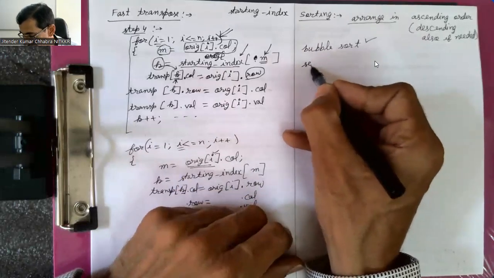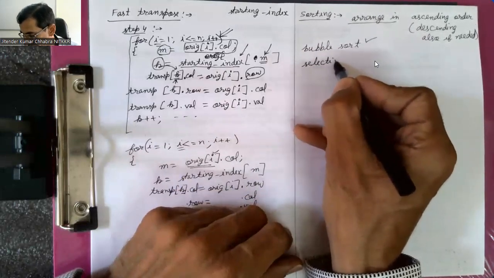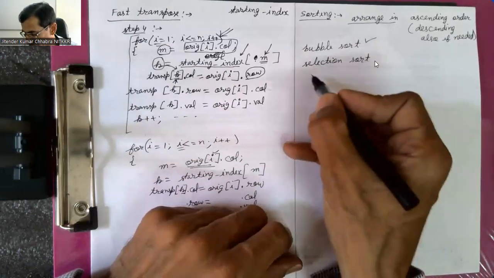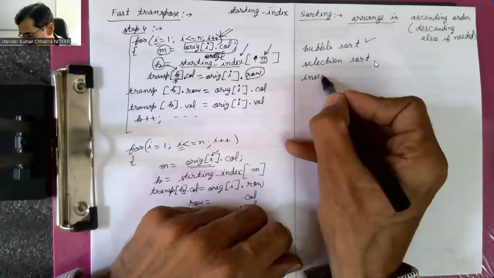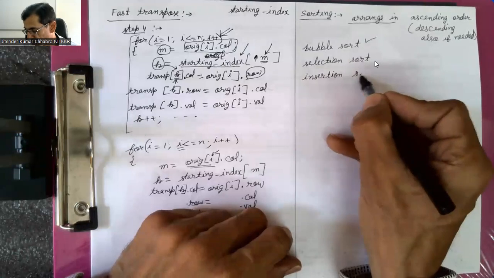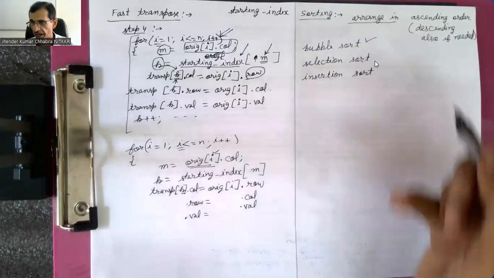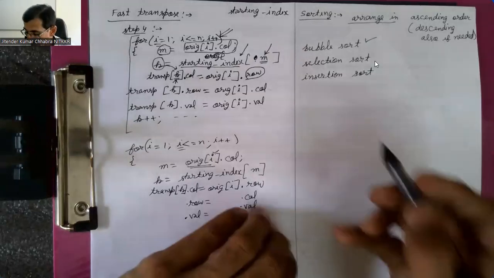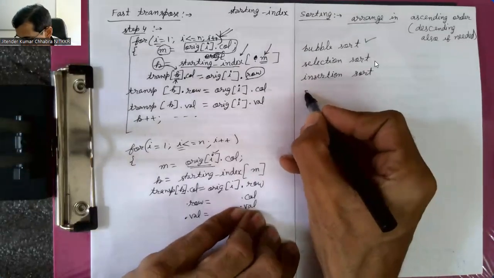So we are going to study many of them one by one. For today's discussion, we are going to focus on selection sort and insertion sort. And subsequently, we will be talking of a few more algorithms like merge sort and quick sort, etc. Sorry. So let's go one by one.